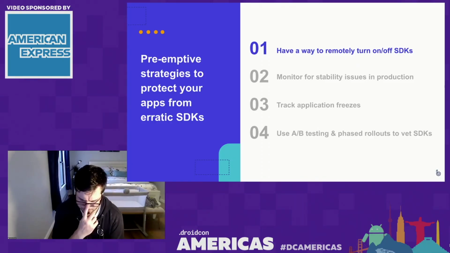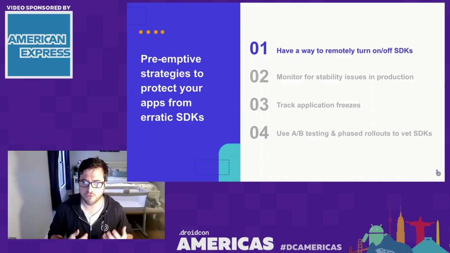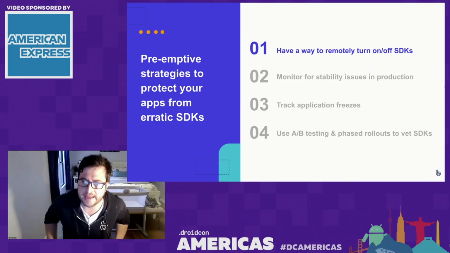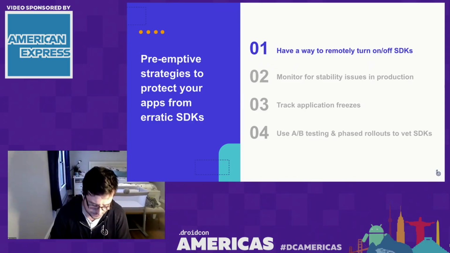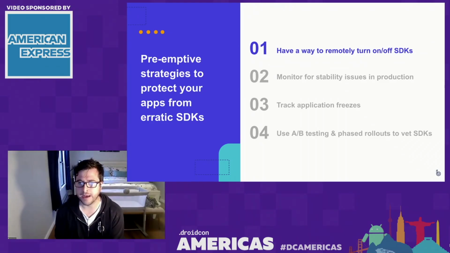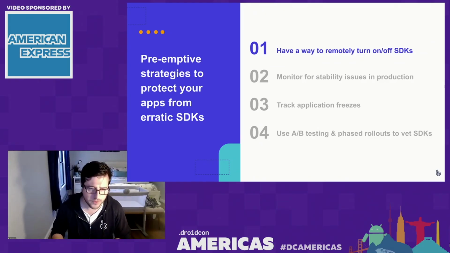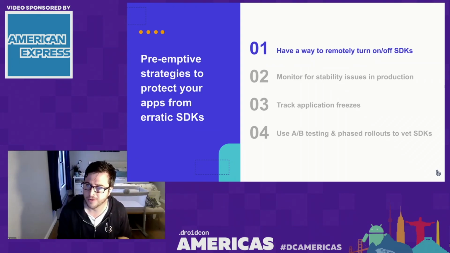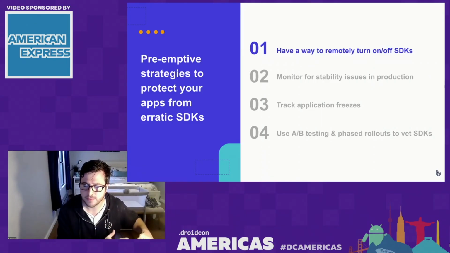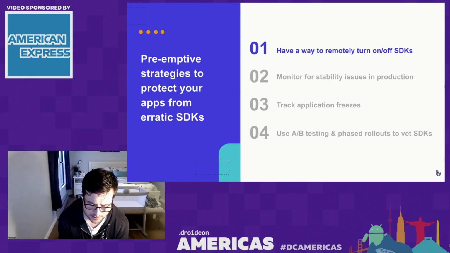Most companies, especially larger companies, are probably using some kind of feature flagging or experiment toggling system. This is a great way to roll out features to your customers in a phased way. If you're not using that, you're probably using something like the Google Play Store or App Store phased rollout system. But most people are adopting some kind of feature flagging or A/B testing system.